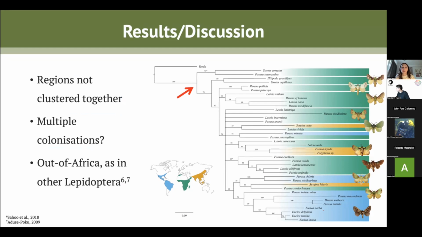If we look at the oldest split here and even the next couple after this, we can infer an African origin, as denoted by the green clusters up here. The out of Africa hypothesis is well founded and has support in a lot of other groups, including butterflies like Hyperlimnus and Caraxes. But to infer colonization routes, I would ultimately like to date the tree somehow to include divergence estimates as well.